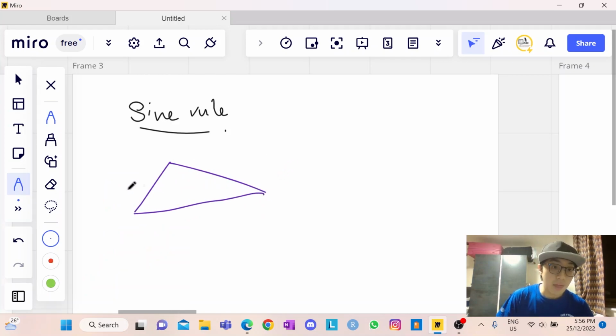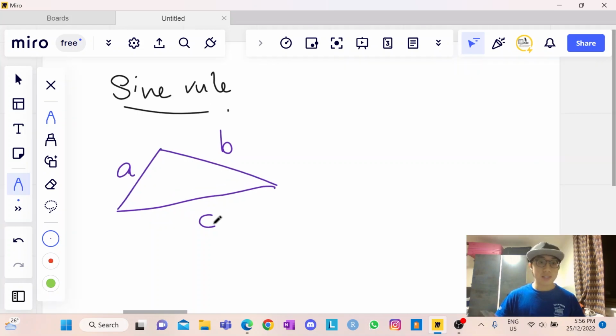I'm going to name the lengths a, b, and c, and then name their opposite angles: this one big A, this one big C, and this one big B. As you can see, the big A angle is facing opposite the side of length a.